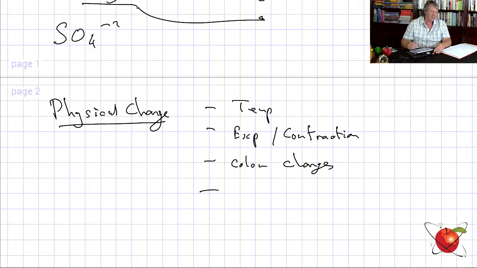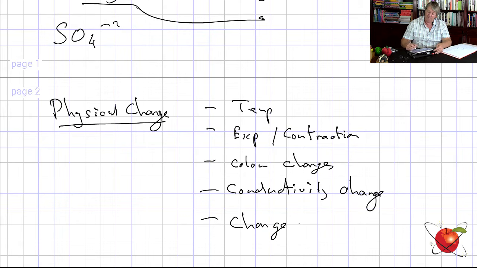Then we can have conductivity change. And then we've also got change of phase. Okay, let's just talk through what do we mean by this.